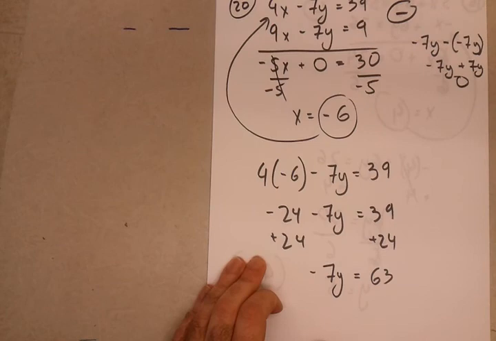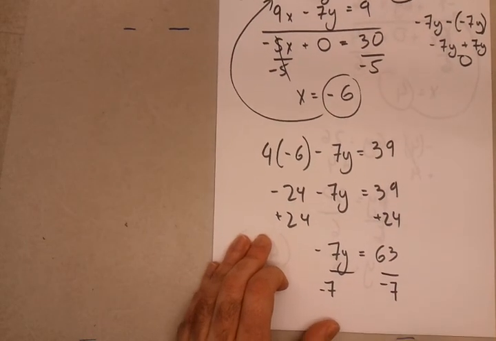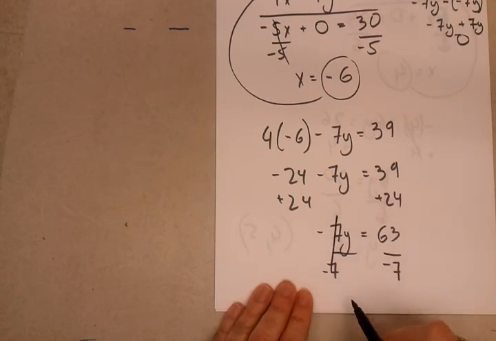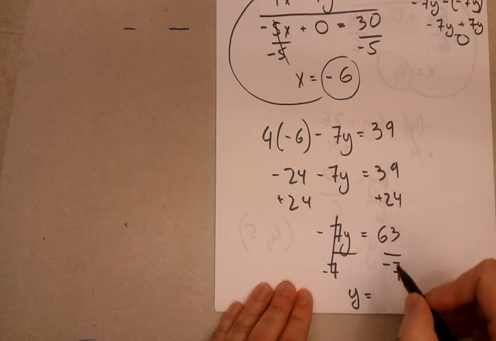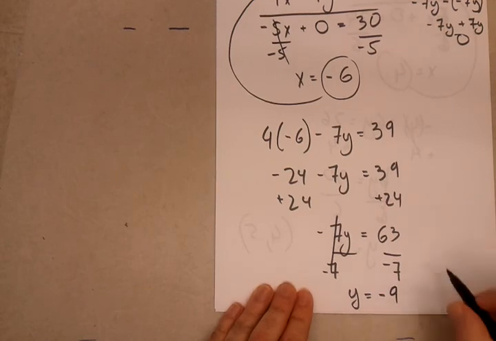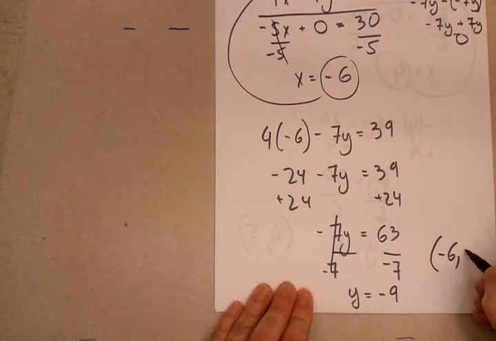And then we are going to divide both sides by negative 7. And simplifies to 1. And in this case, y is going to equal a negative, because positive divided by a negative is a negative, and 63 divided by 7 is a 9. So we got our solution. X is negative 6, y is negative 9.